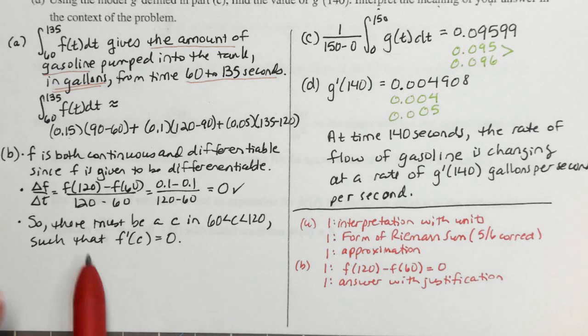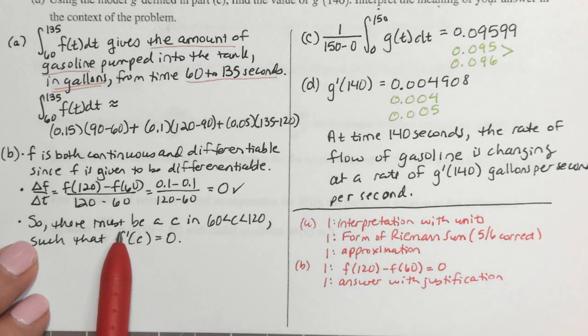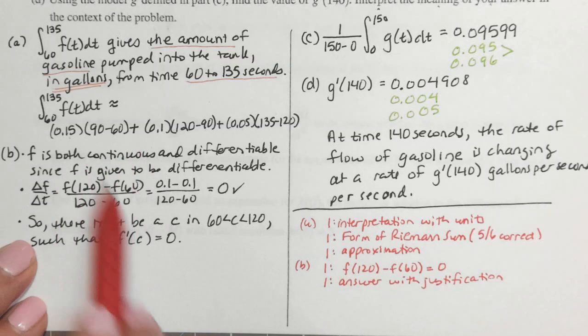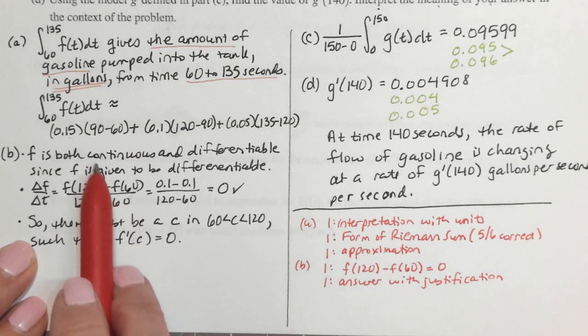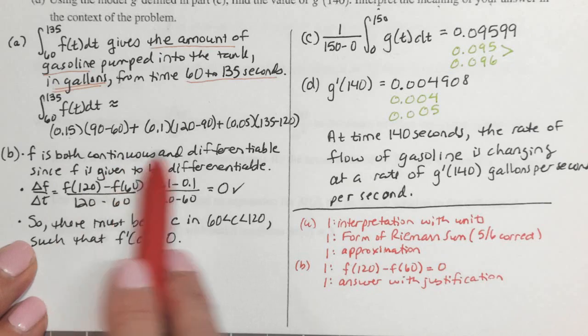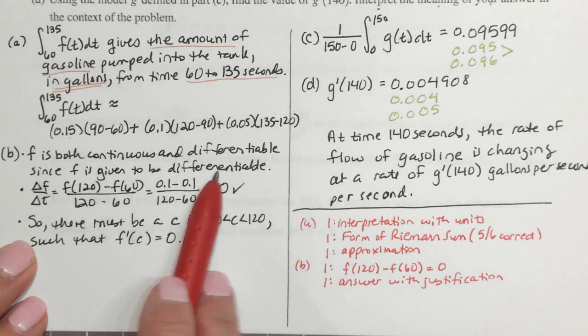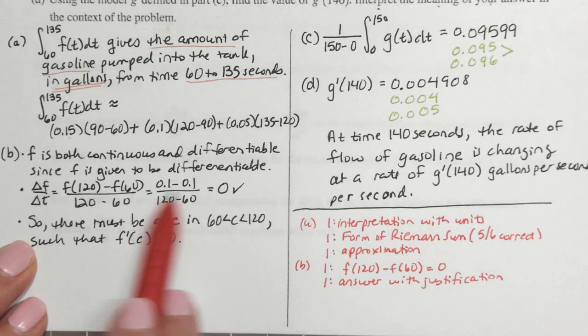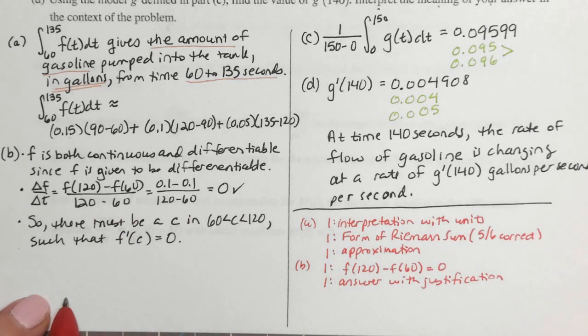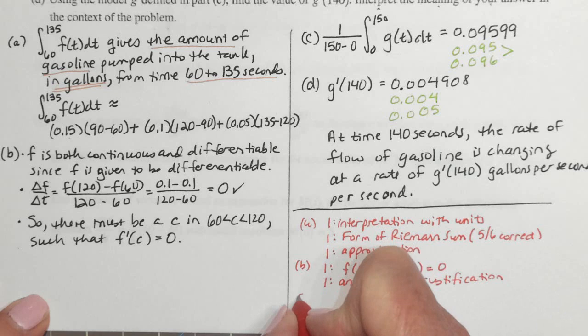So that would be yes, there must be, and then the second point, you had to say that f was continuous and differentiable, and why. You had to say this, and you had to give your answer. So the answer with justification point, that was a more difficult one to get.